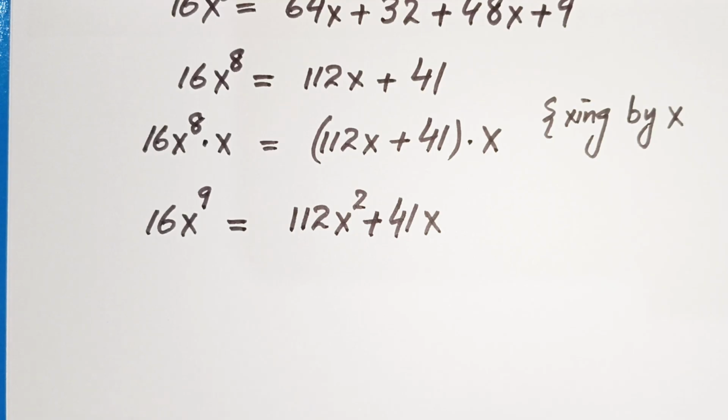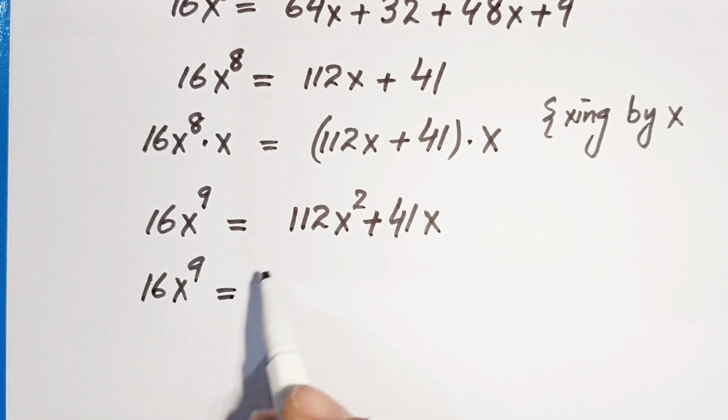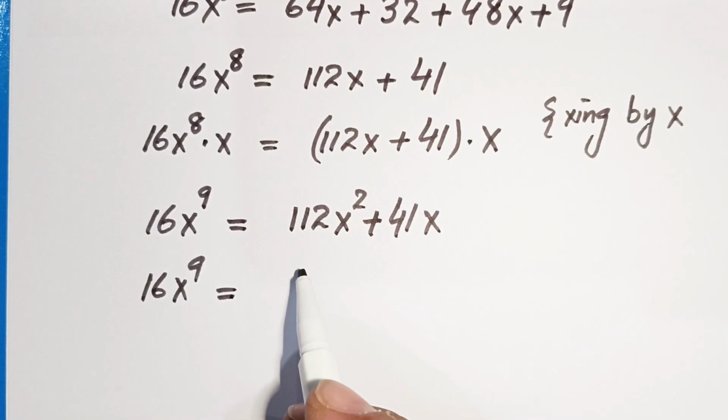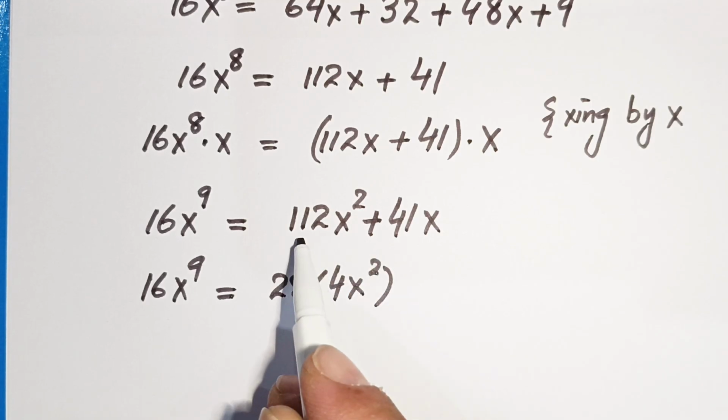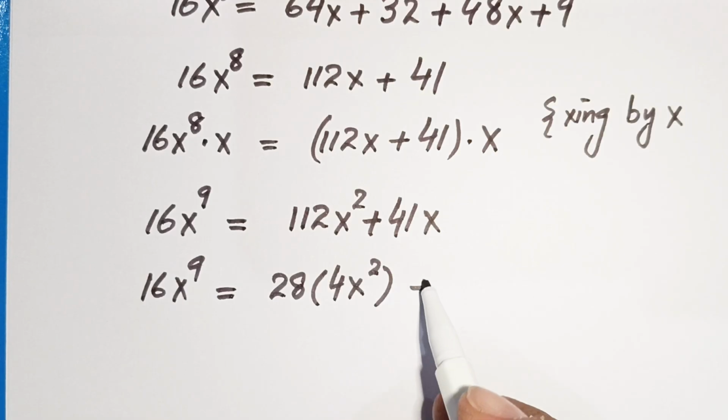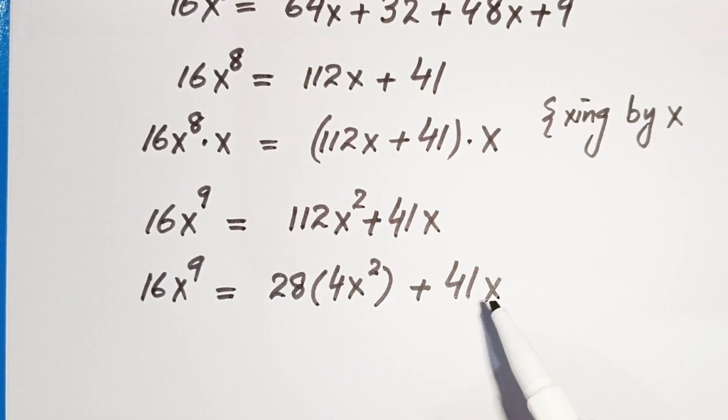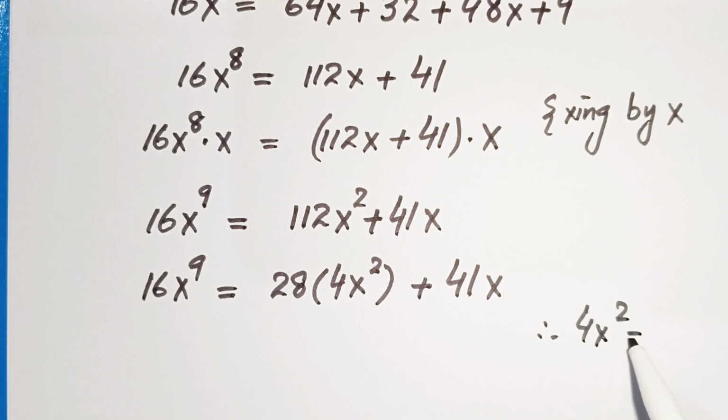This 112 can also be factorized: 28 multiplied by 4x squared gives 112x squared, plus 41x. Now we know from equation 2 that 4x squared is equal to 4x plus 2.